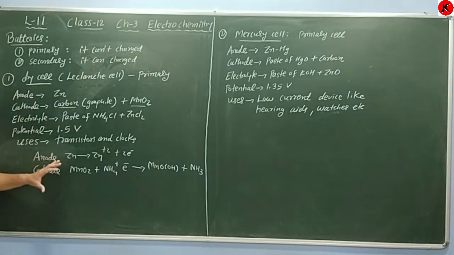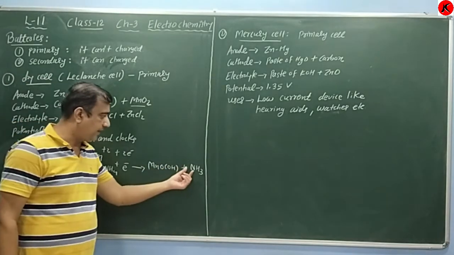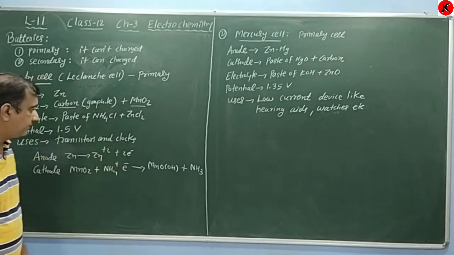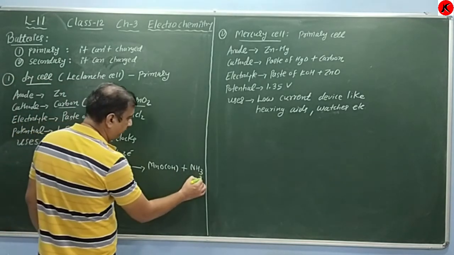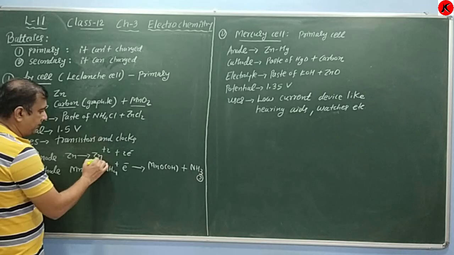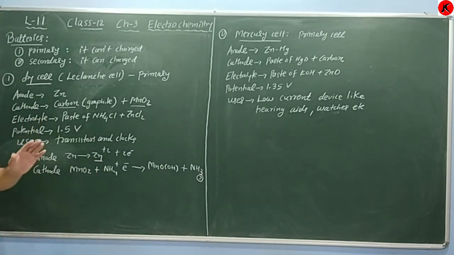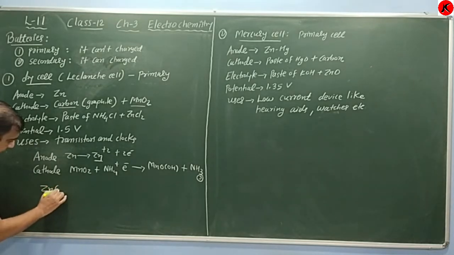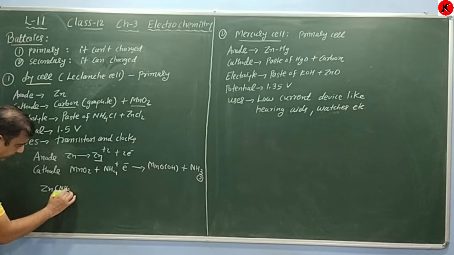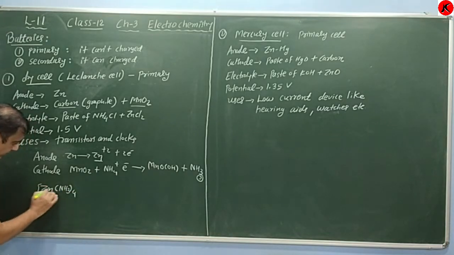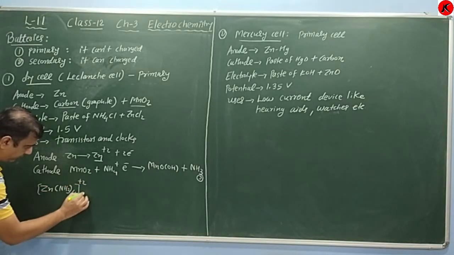That means during this reaction ammonia gas is obtained, in gas form. This reacts with Zn2+. That means when the cell is running, remember this complex is formed: Zn(NH3)4 2+.